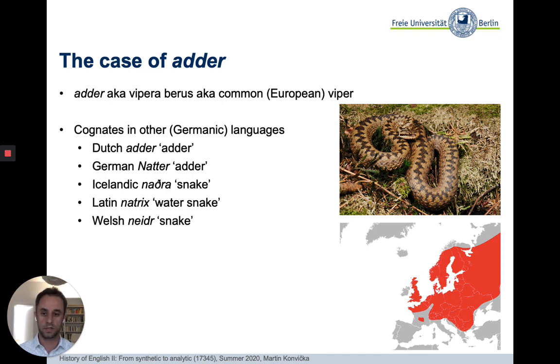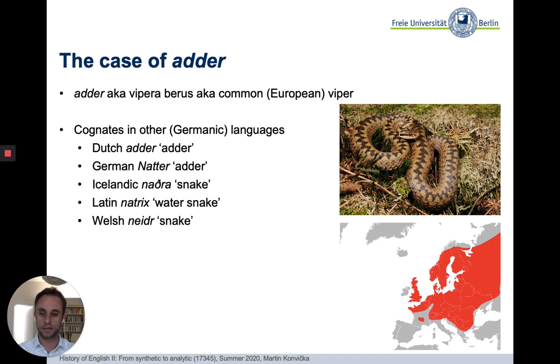And you might know the cognates of this word in other Germanic languages, and not only Germanic. You would have, for example, in Dutch, "adder", in German, "Natter", in Icelandic, something like "naðra", but there is also the Latin cognate "natrix", meaning water snake, and the Welsh one, which I can't pronounce at this moment, also meaning snake.